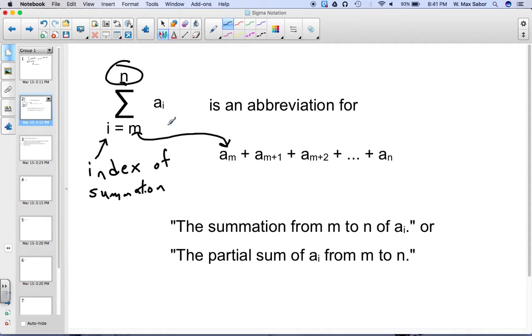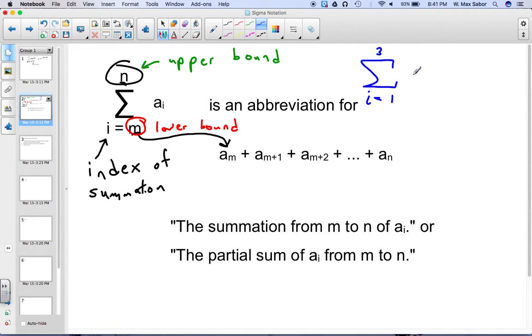So this m here is the lower bound of the summation, and this is the upper bound. Typically, you'll see sums where it'll look like this: I equals 1 up through 3 of, say, I cubed.